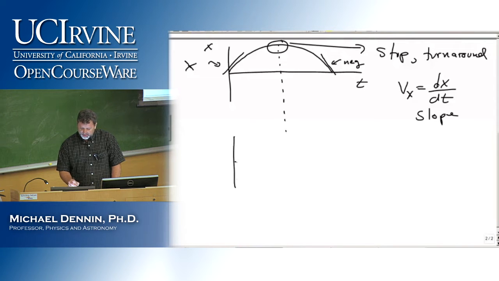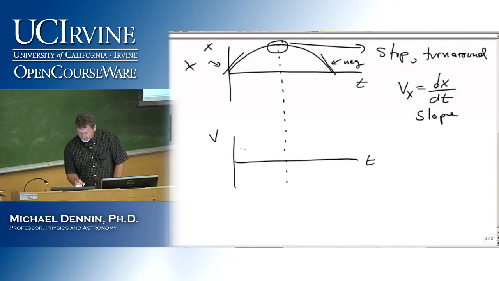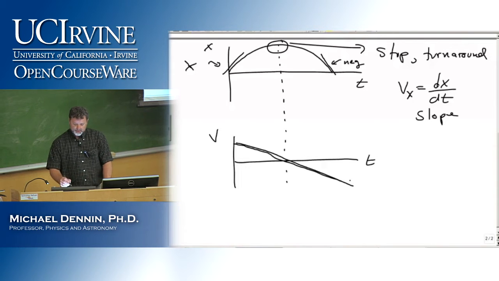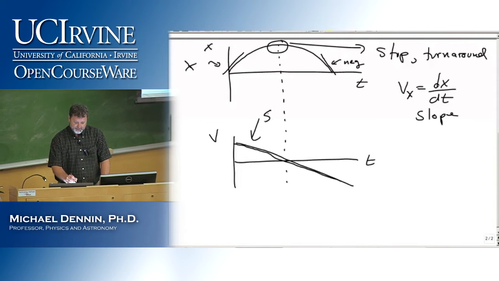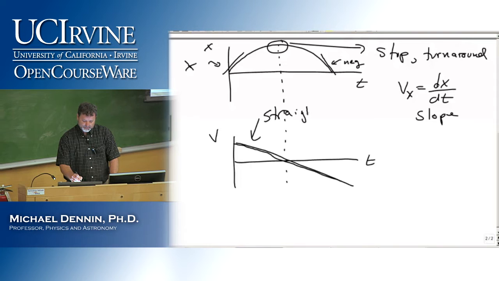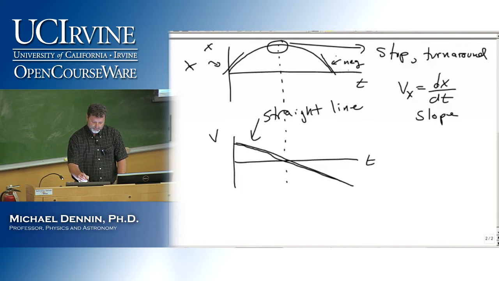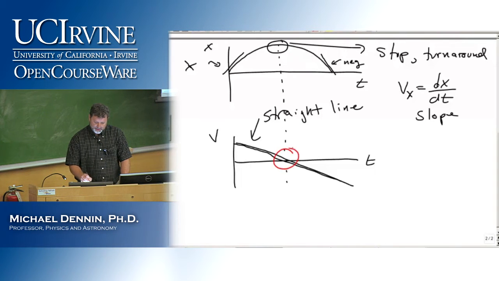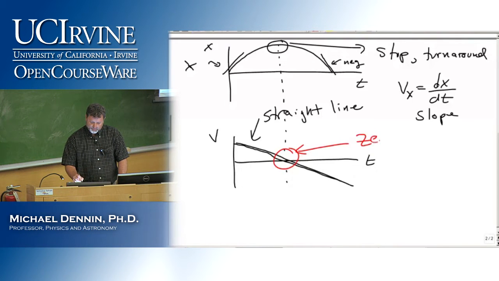So if I were to plot my velocity as a function of time, it does that. In this case, it's a nice straight line. And right here is where it is 0.